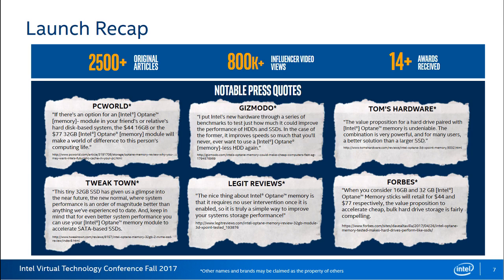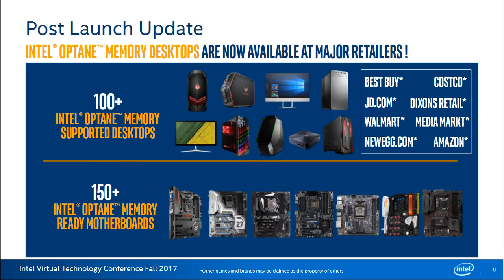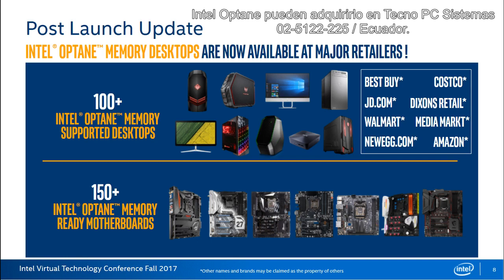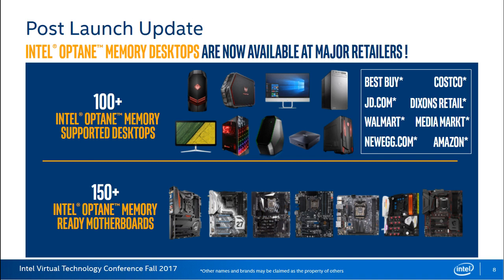Graham showed you just a preview of a few systems here, but what you see is there are more than 100 Intel Optane memory supported desktops available through major retailers as listed in the slide, which I just pushed: Best Buy, JD.com, Walmart, Newegg, Amazon, Dixon's, Costco, and over 150 motherboards have been registered and support Intel Optane Memory ready.